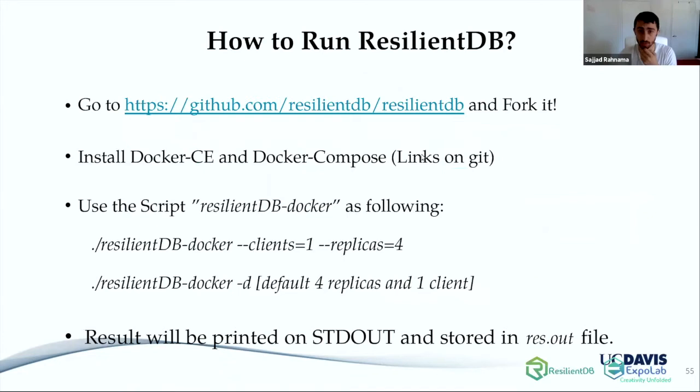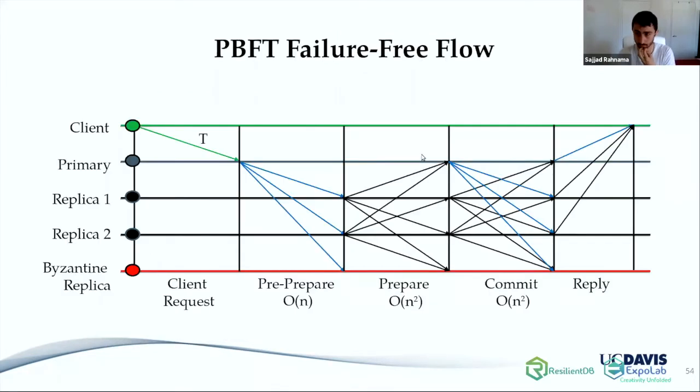Any other questions? Sorry, I'm from ECS 189F with little knowledge about PBFT. Can you explain what a Byzantine replica is? A Byzantine replica is a malicious replica that can act as a malicious node, and it can refuse to send messages.